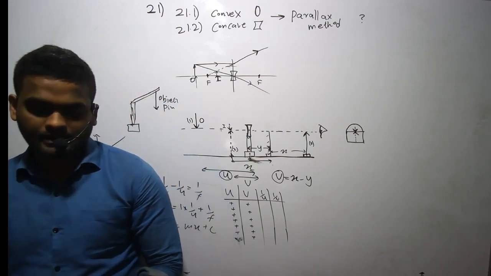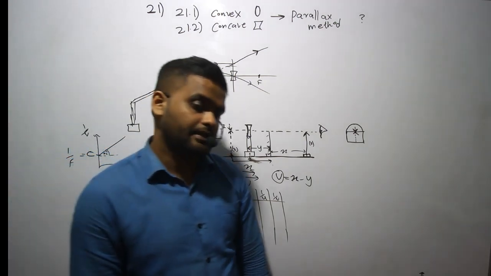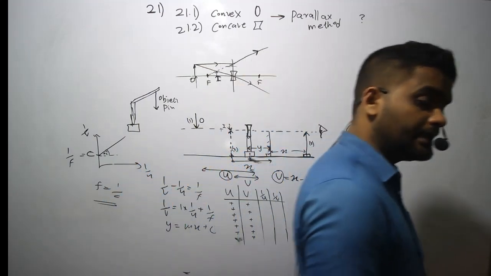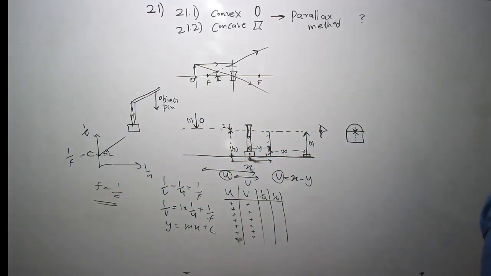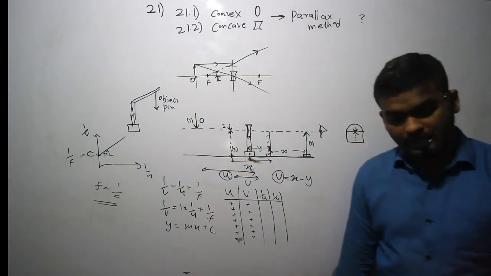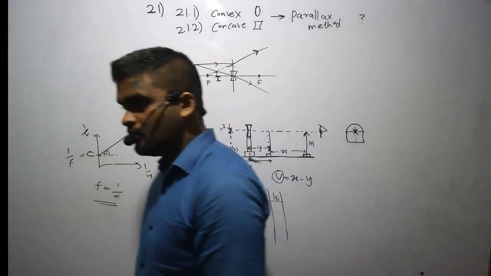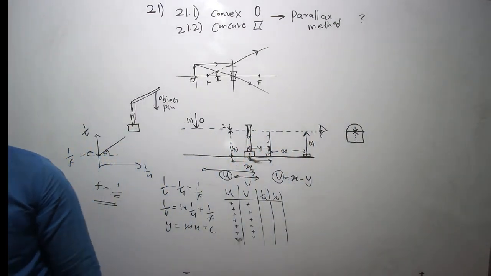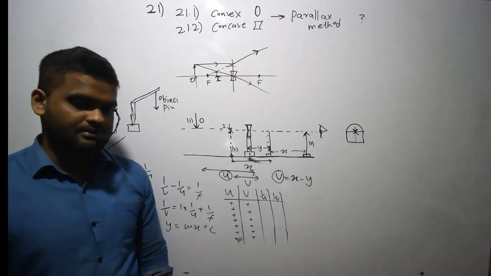To get a straight line, to get well spread values for v, meaning image distance, right?